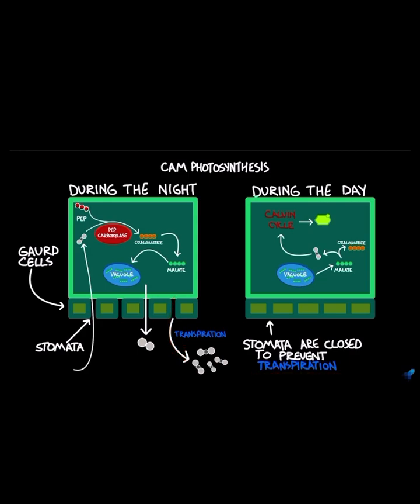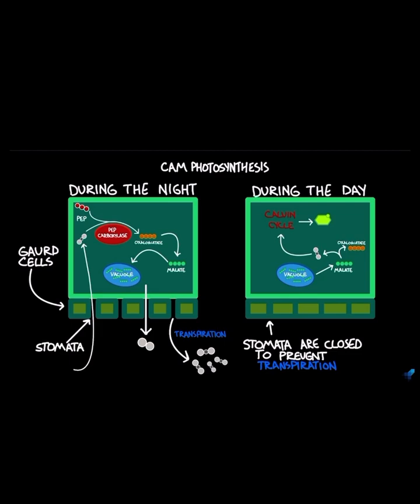However, during the night, the stomata are going to be open to let in CO2. PEP carboxylase then fixes CO2 into PEP, just like C4 photosynthesis, to produce OAA and then malate. Now, unlike C4 photosynthesis, in CAM plants, the malate is stored in the vacuole instead of being shuttled off to bundle sheath cells.